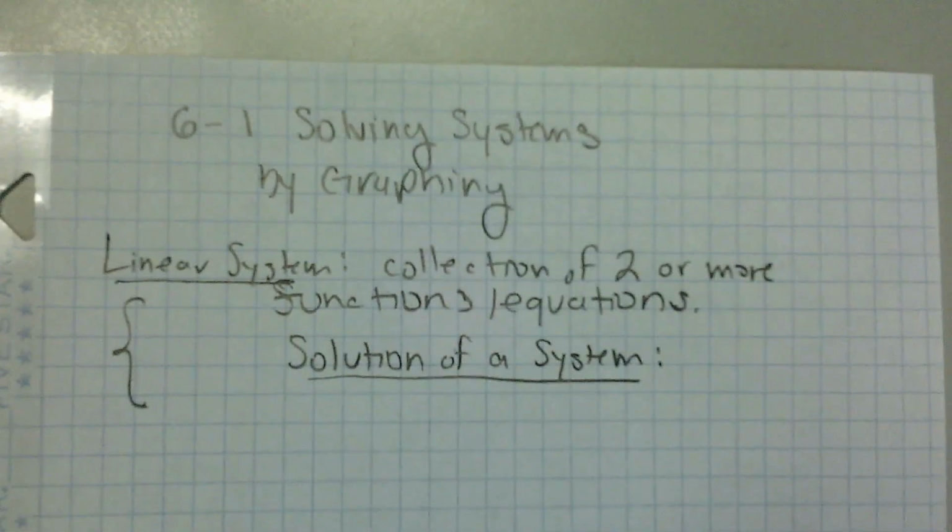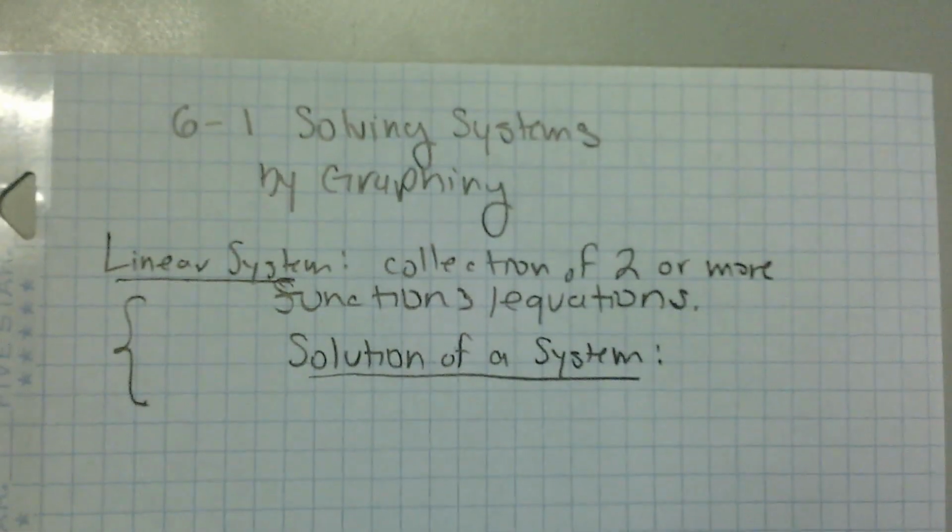We're graphing 2 lines, and I am saying we can solve a system. What do you think that means? What do you think we are looking for?